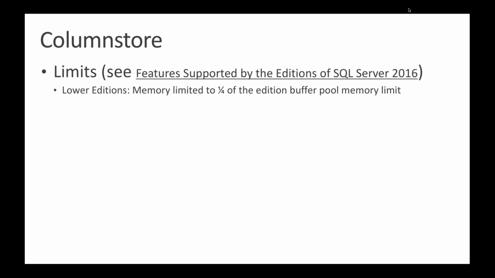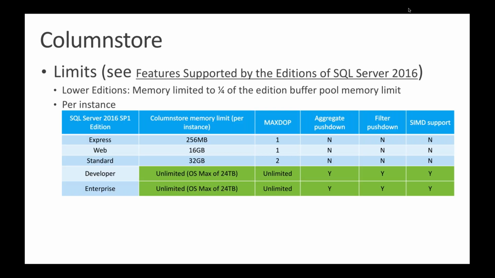Column store, this is one of my favorite features as well. If you're not familiar with it, this is a special type of index used mainly in data warehouse and analytic workloads. What column store is, it basically takes a table, flips it on its side, and stores the data in columns.